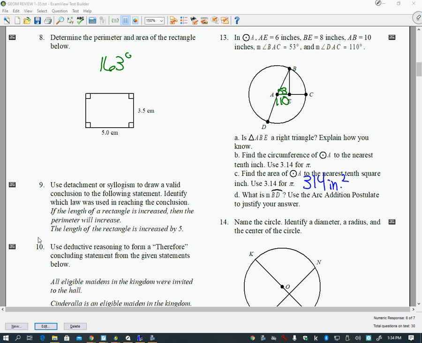Okay, but we want to find the arc BD. The reason I say be careful with that is because if it was a straight line, we would know that the arc would be 180 degrees, right? What is that arc? Well, A's at the center, right? Okay, so we're working with a central angle.